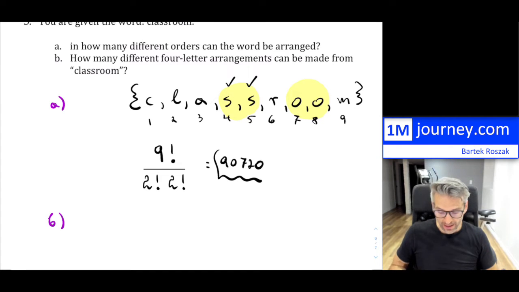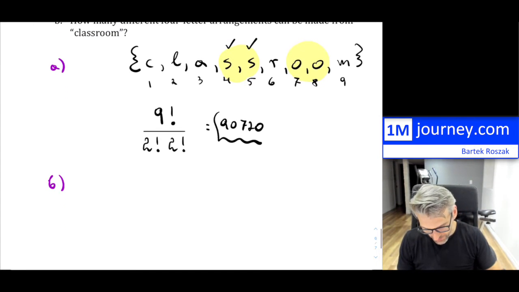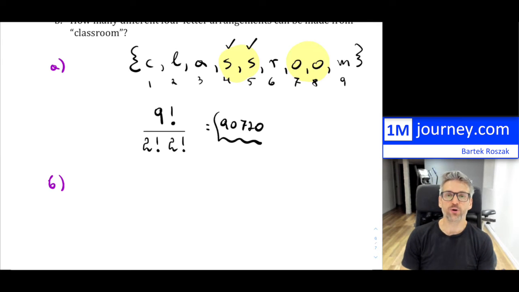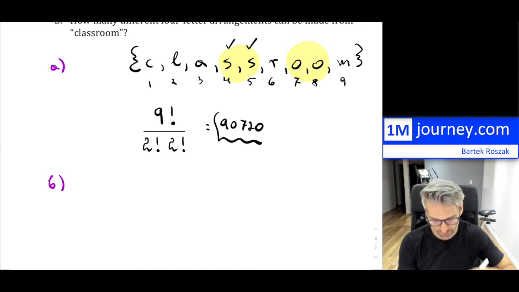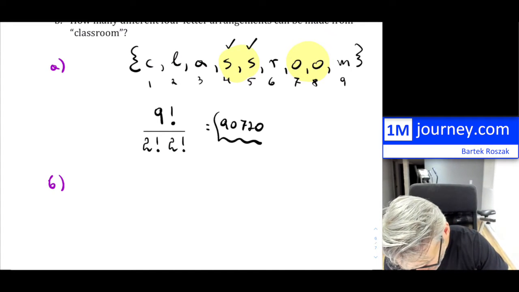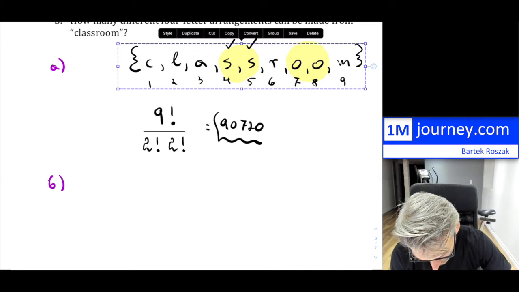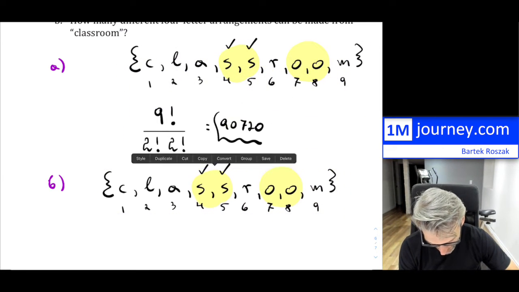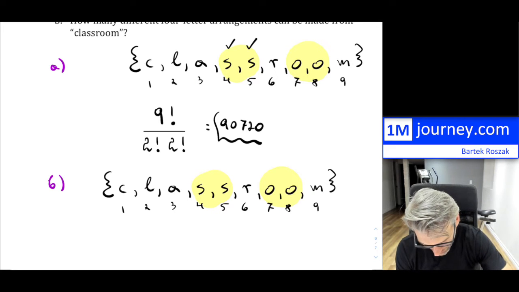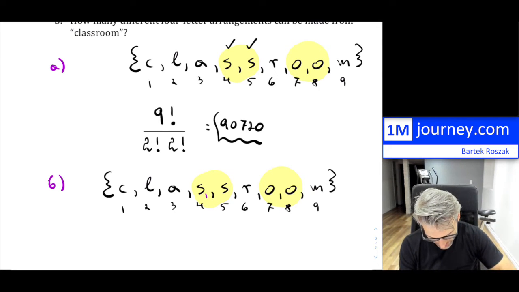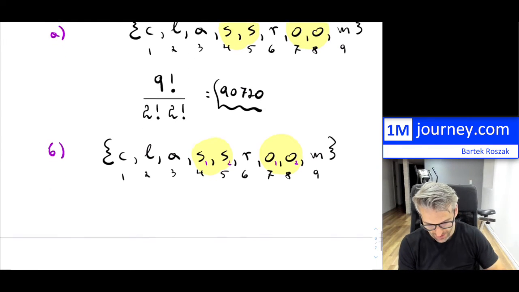Now, if we had no repeating, so if the S's were distinguishable in some particular way, let me duplicate this here and bring it down. We would say this is S1, S2, and this is O1, O2, so that would distinguish between my letters.